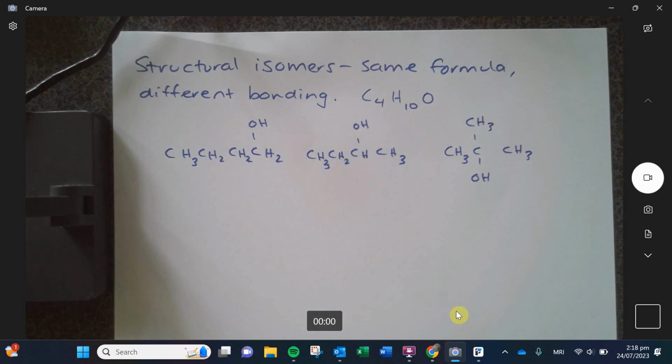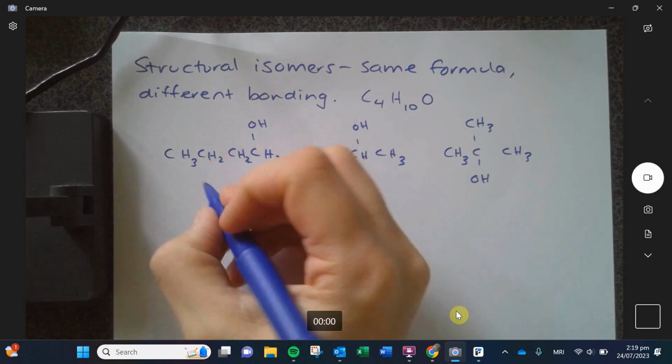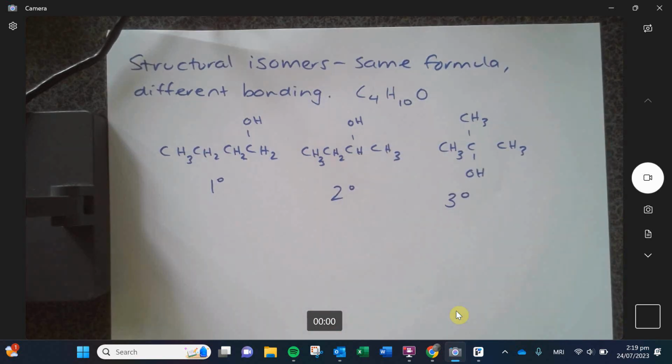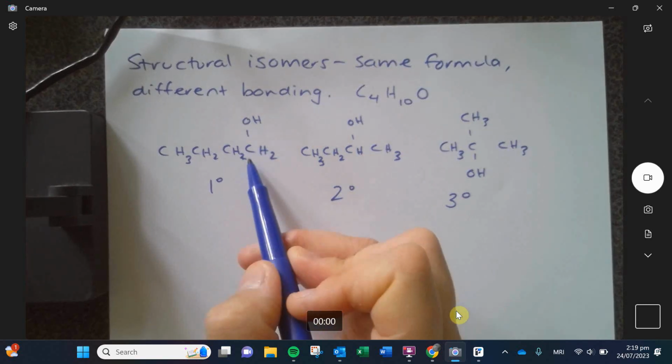All I've done is I've changed the bonding pattern. Cool. And just as a refresher, because it's important in case it does come up on the exam, we refer to these as primary, secondary, and tertiary. And that's referring to looking at the carbon that the alcohol is on.